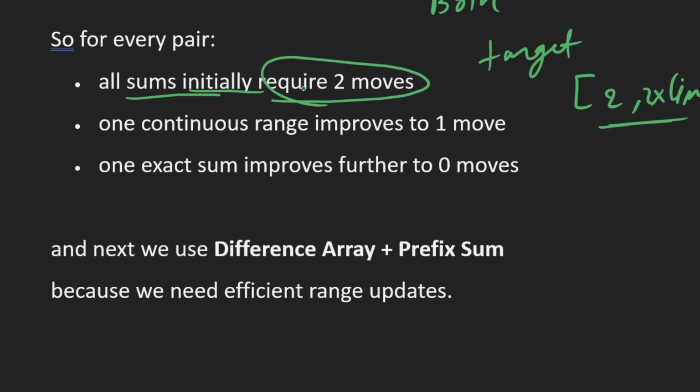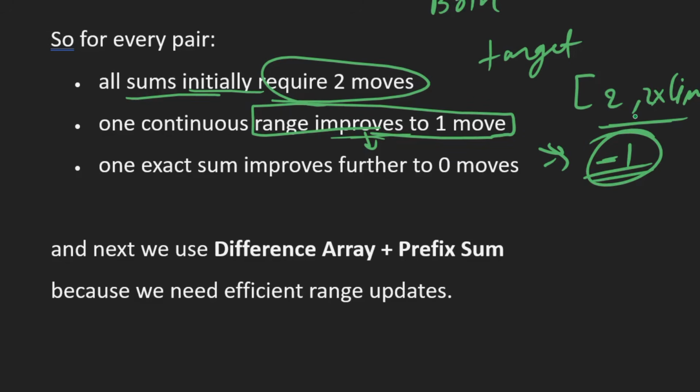Then we find the range for one move. So all the target sums that are present in this range will require only one move. So we subtract 1 from them, because initially we assumed that they all require two moves, so we subtract 1 from them, right?